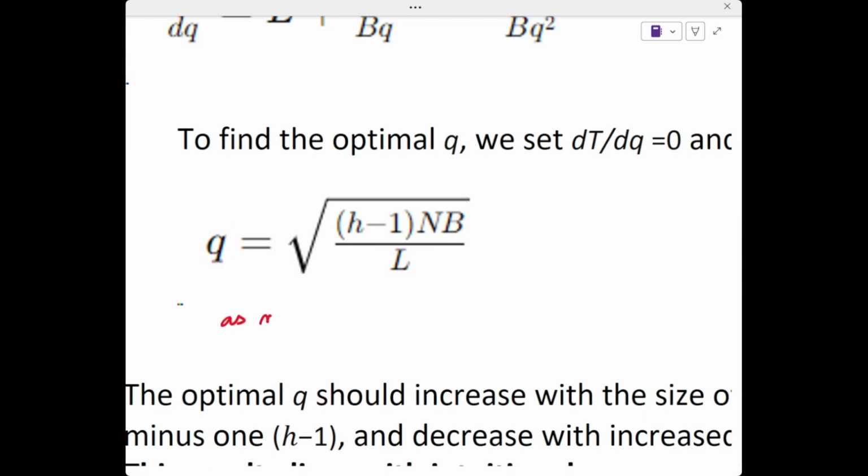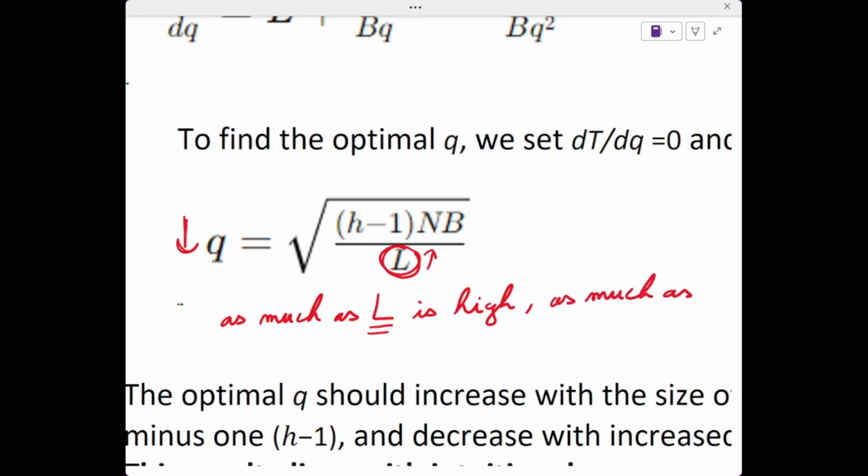So we can say as much as L is high, the smaller this becomes. So as much as L is high, Q should be minimal, because splitting the message into many packets we will use the latency so many times, and if the latency is high, the number of packets should be minimized to avoid using the latency so many times.